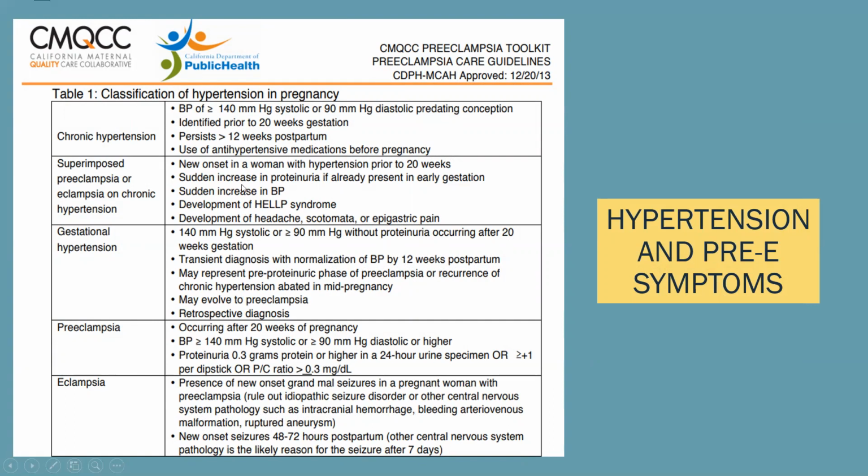And women that are complaining of headache, visual disturbances, seeing spots, feeling like their peripheral vision is going away, those are all signs of increased intracranial pressure. And that's from this inflammation that's happening within the body. So these are very ominous signs. She's going to be seizing shortly if we don't get that taken care of. And we will discuss some of the nursing interventions and medications that we use for this condition.